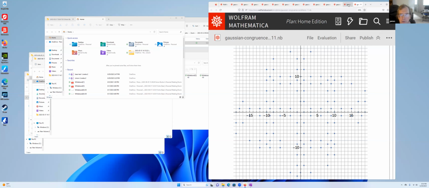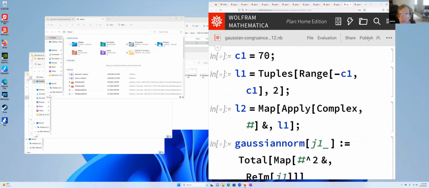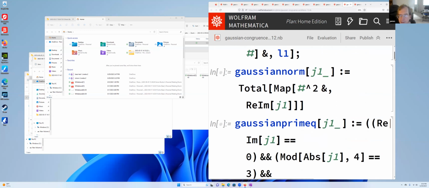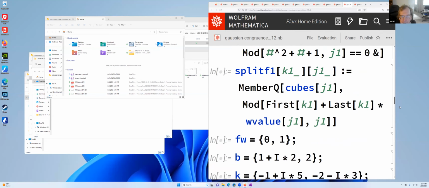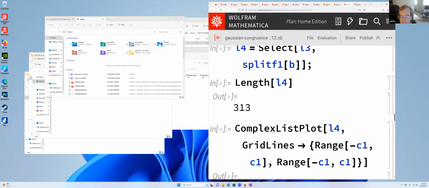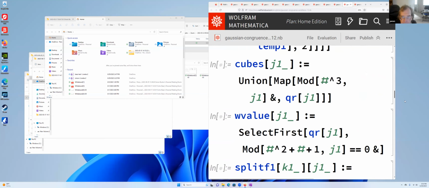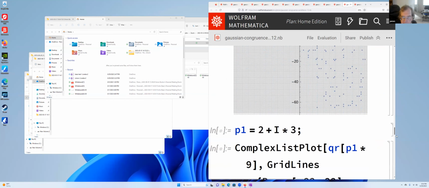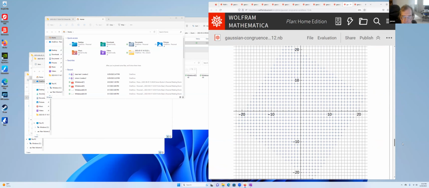I have 13 of them. I have 13 pictures, if I can find them here. And 13 is the size of the projective plane over the 3-element field. And the projective plane over the 3-element field comes from a 3-dimensional vector space over the 3-element field.